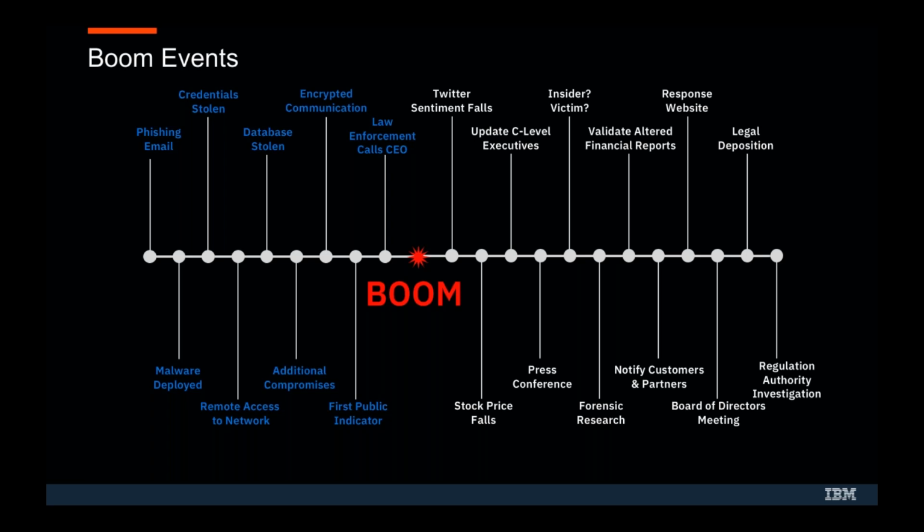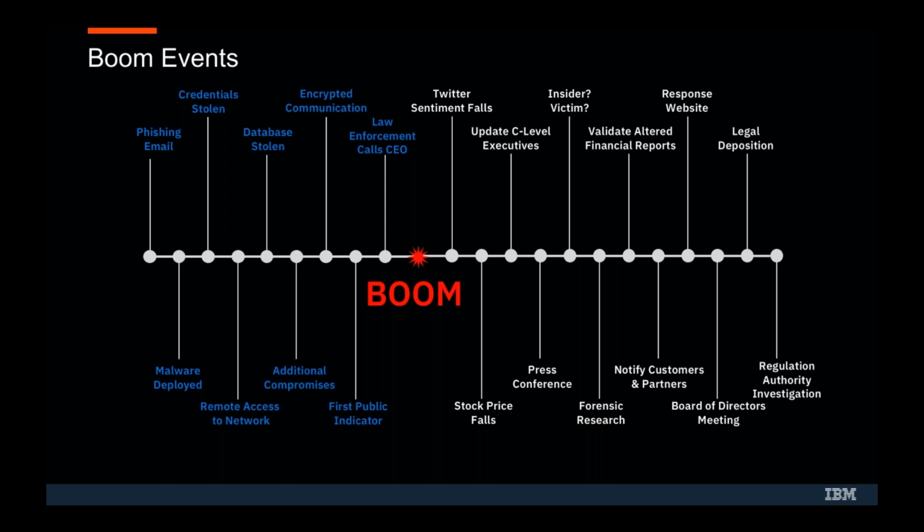So we talk about left of boom and right of boom as two different, really clear areas to deal with as an organization. Obviously, the more that you can do to protect against the left of boom with detection capabilities, insights into what's going on in your network, what's going on in your systems, automated handling of sifting through all of that data, the less likely you are to face a boom event.